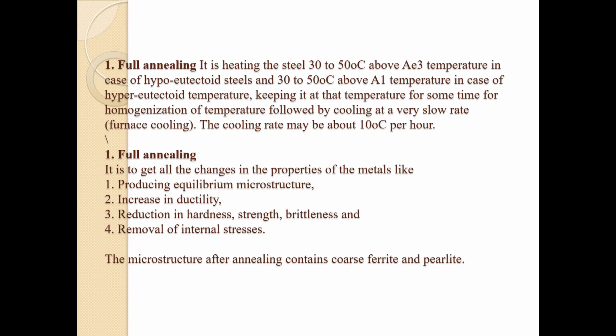The cooling may be about 10 degrees Celsius per hour. The aim of full annealing is to get all the changes in properties of the metal, like producing an equilibrium microstructure, increase in ductility, reduction in hardness, strength, and brittleness, and removal of internal stresses. The microstructure after annealing contains coarse ferrite and pearlite.